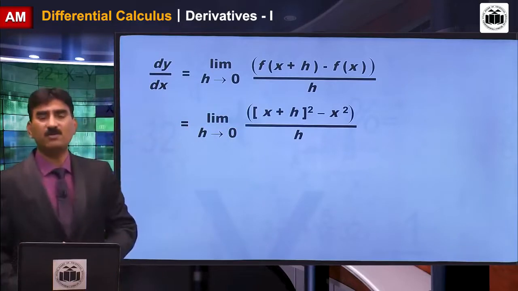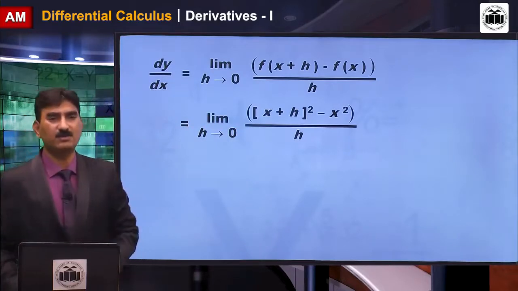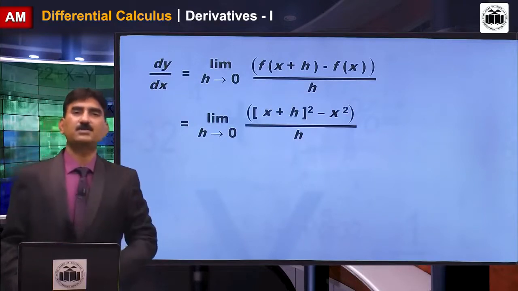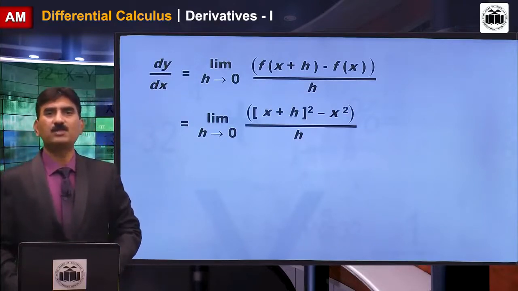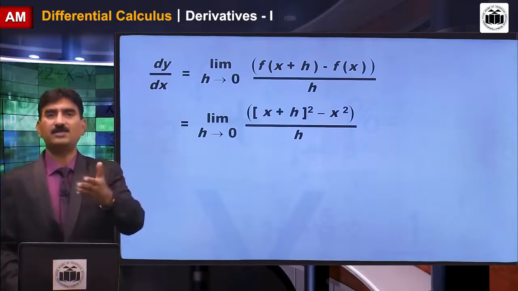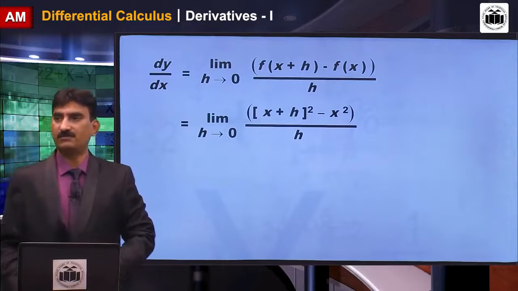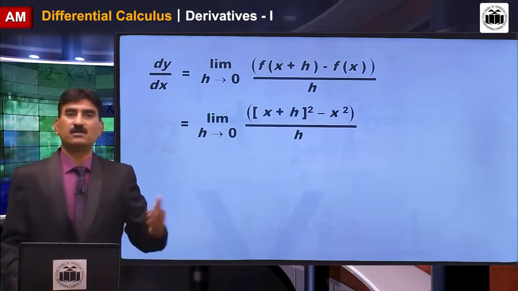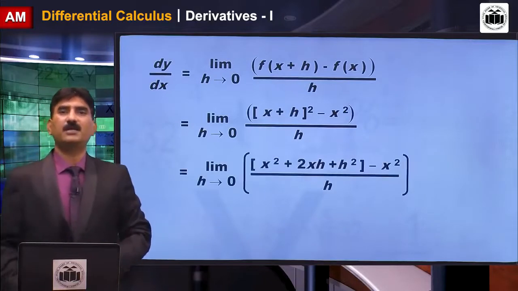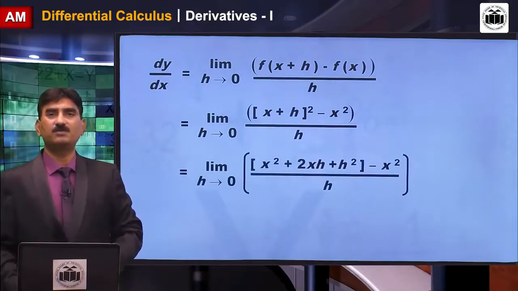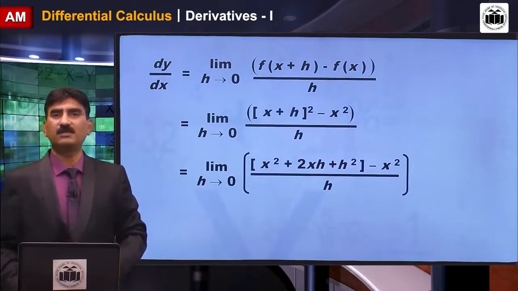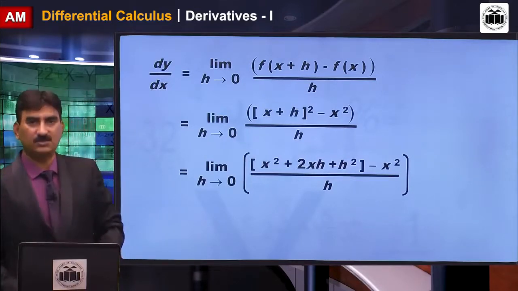Now, what is that formula? Tell me anyone, what is a plus b whole square? Correct. a square plus twice ab plus b square. Now, x is nothing but our a and h is nothing but our b. So after application of this formula, we get a square plus twice ab plus b square, that means x square plus twice xh plus h square minus x square upon h.